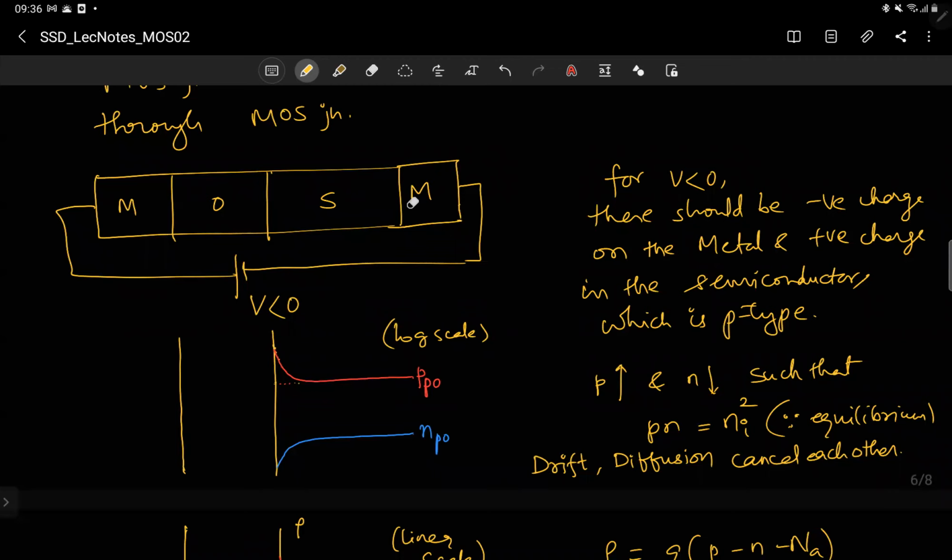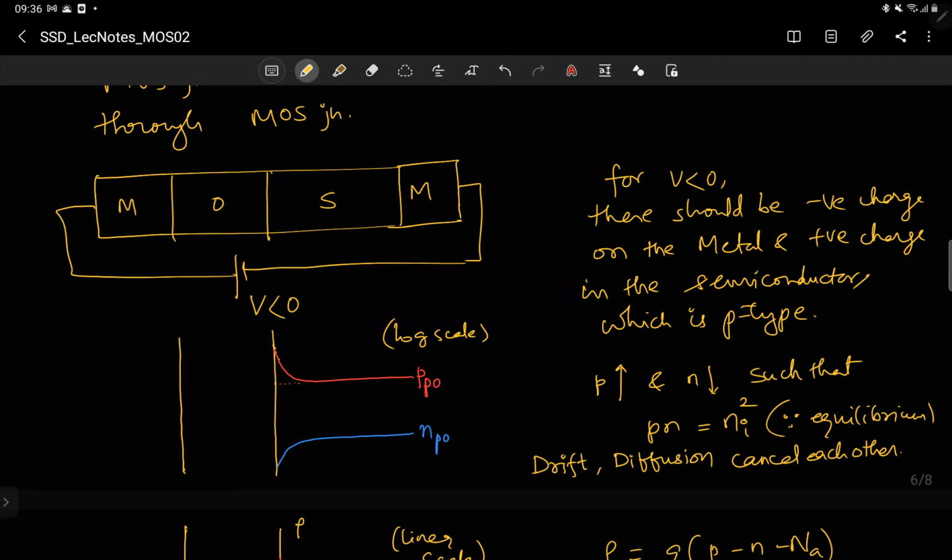So it is not here. It has to stop here. The negative charge should come and stop here because it cannot cross this oxide. Whereas the positive charge supplied by the battery this way will not stop in the metal, because between metal and semiconductor it can move. It can come and stay here, and it cannot go beyond this surface because there is oxide.